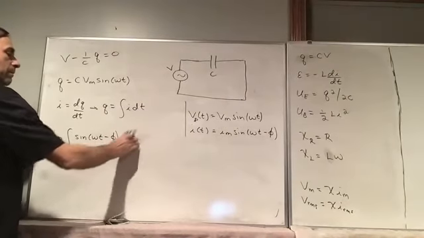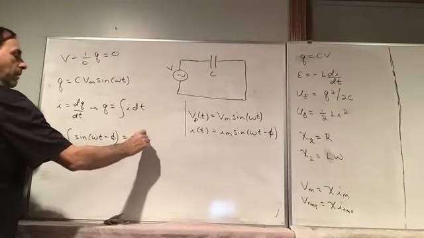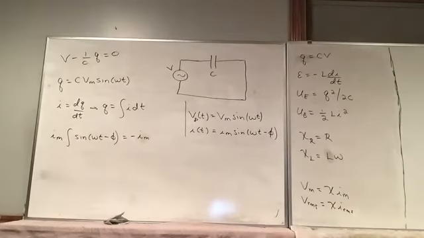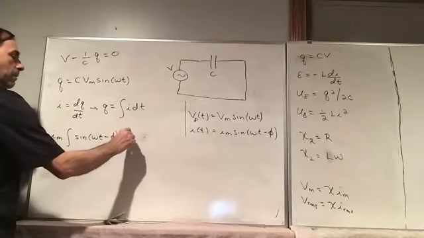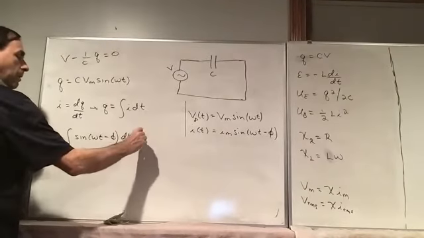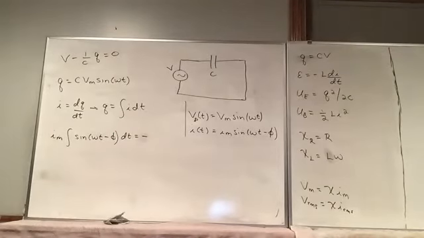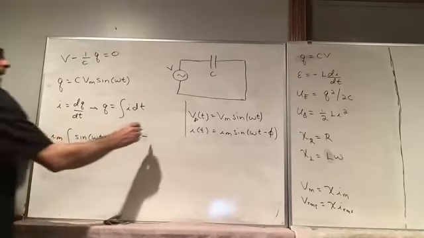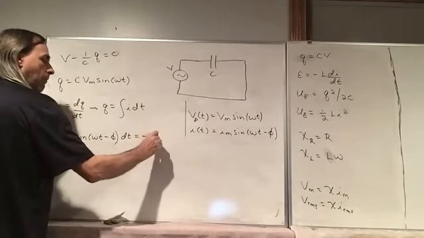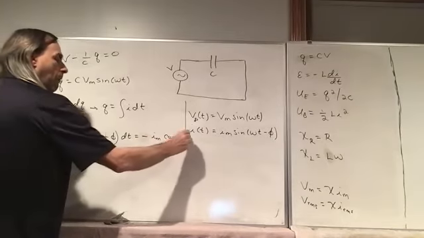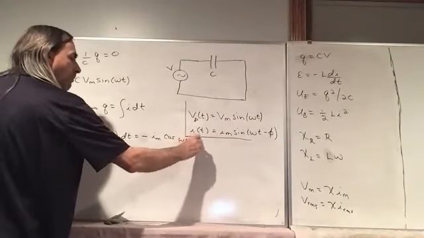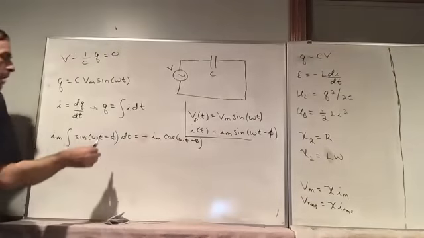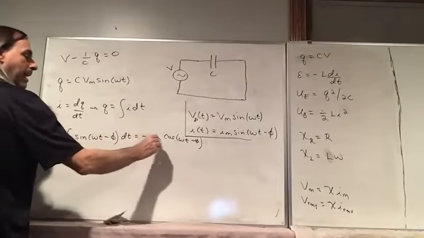I'll just write that without really making the subscript clear. So we're integrating with respect to time. So we get a minus sign in front, and then the integral of sine would be minus cosine. However, we have to divide by omega.